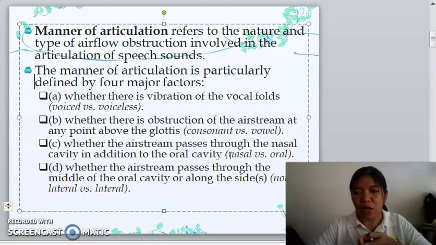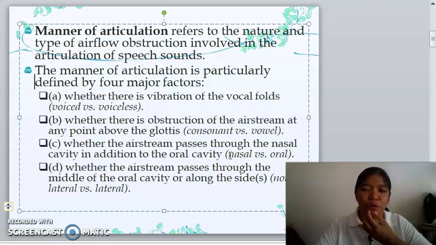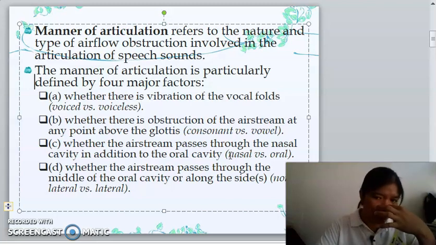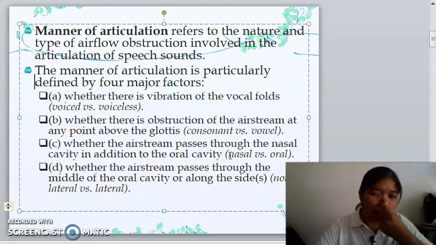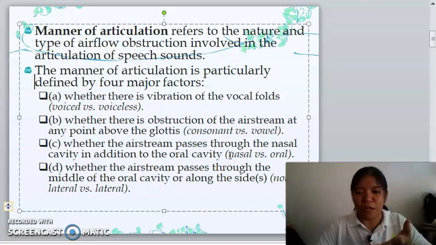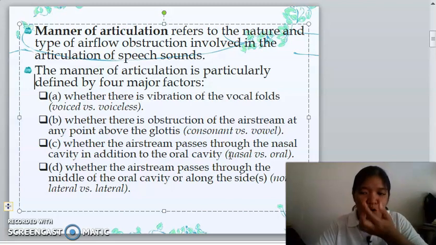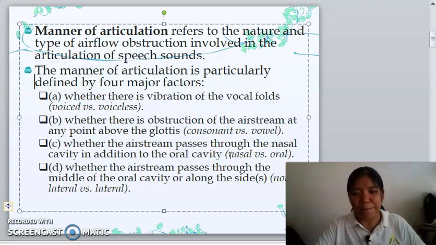For example, A is oral since the sound came from our oral cavity. M, for example, is a nasal sound since we closed our oral cavity and we opened our nasal cavity. Try to pinch your nose like this and produce the sound of M. There is no production of the sound of M since you have closed your nasal cavity, meaning M is a nasal sound.